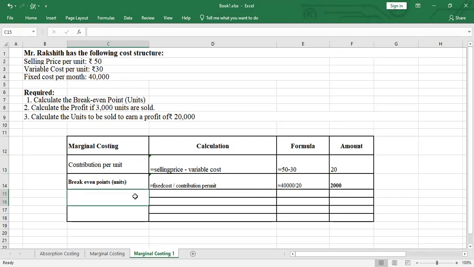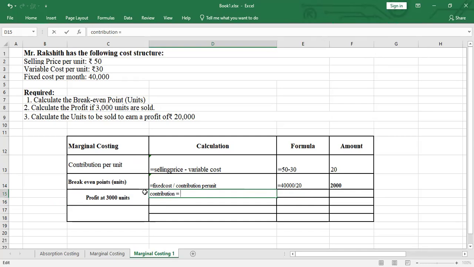Next thing which we have to ascertain. First thing is over. Next, profit if 3,000 units are sold. Profit at 3,000 units. To ascertain profit at 3,000 units, first we have to calculate contribution in amount.